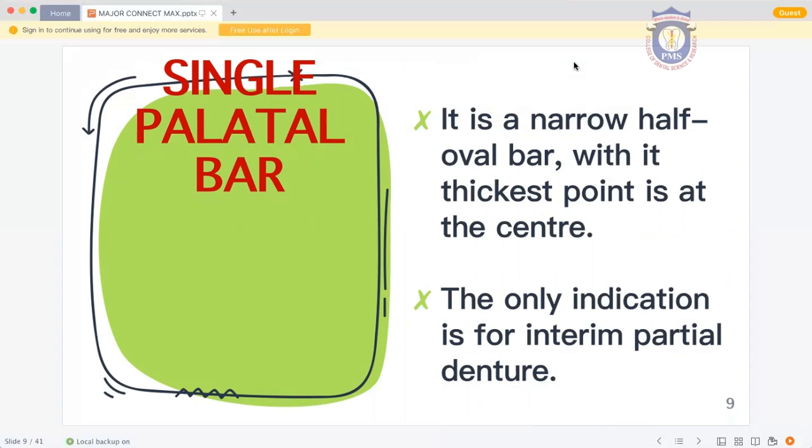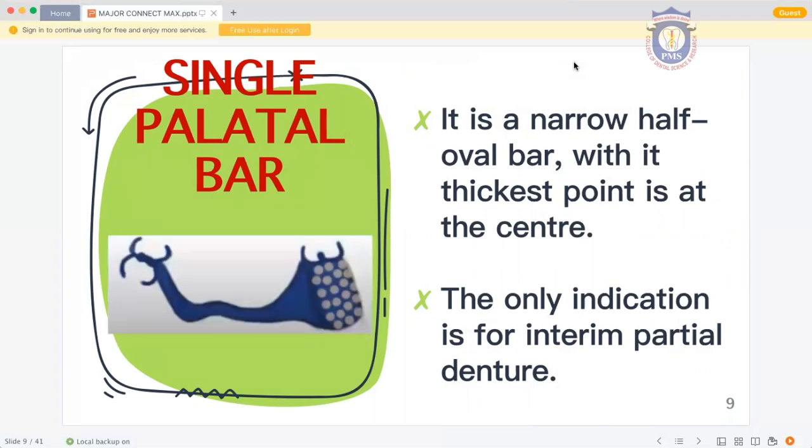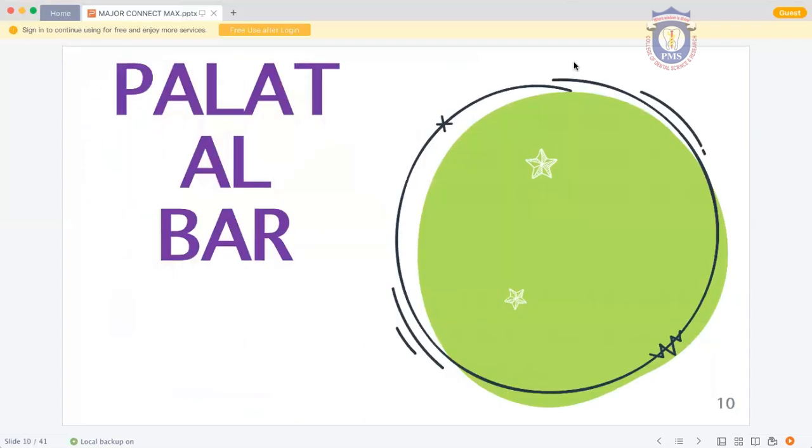It is a narrow half oval bar with its thickest portion at the center. As you can see in the diagram, the only indication is for an interim partial denture. Basically, it is used only when we want to keep an interim partial denture for the patient.